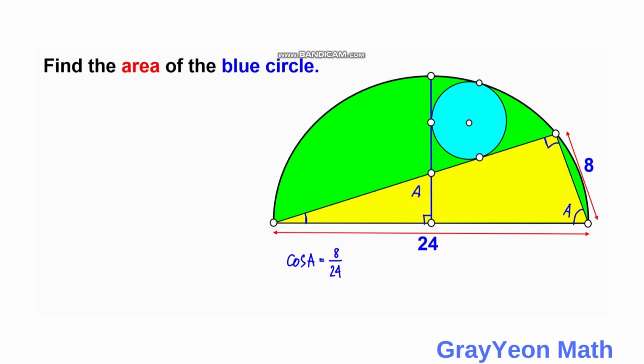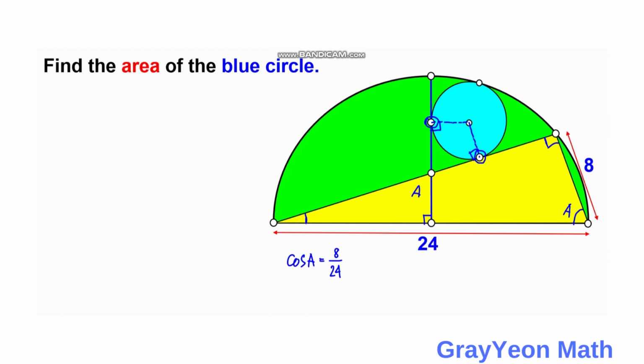Next, I want you to notice these two tangent points of this blue circle, the vertical line, and the leg of this largest right triangle. You can draw a line from those 2 points of tangency to the center, and these will be right angles.